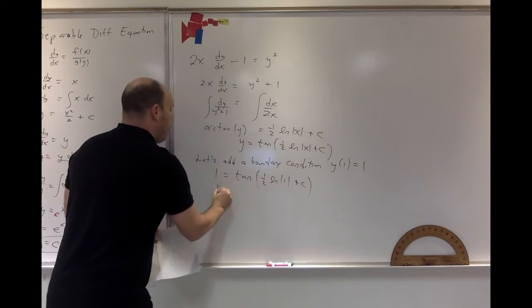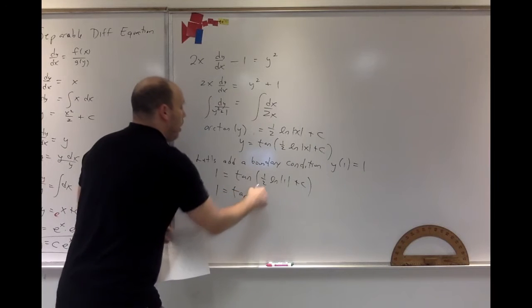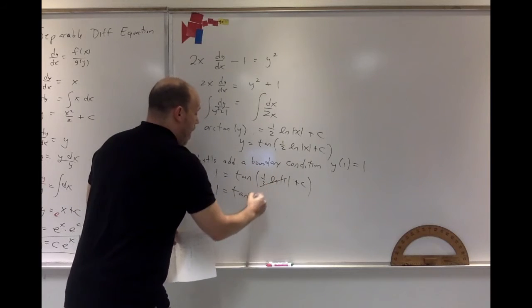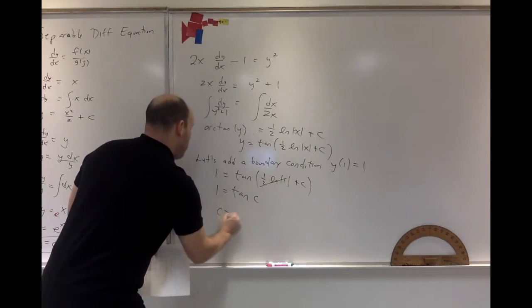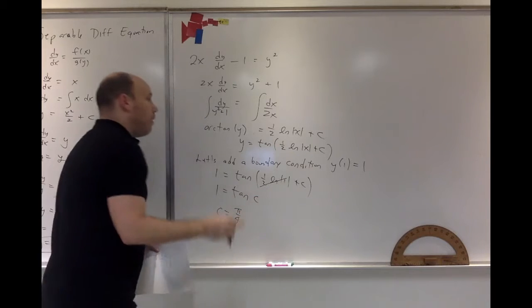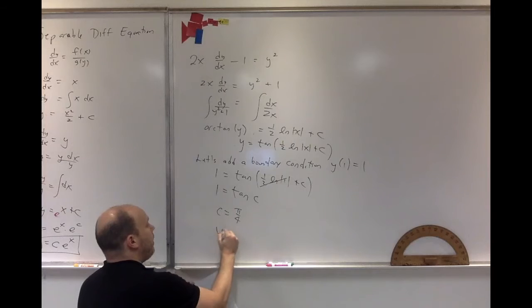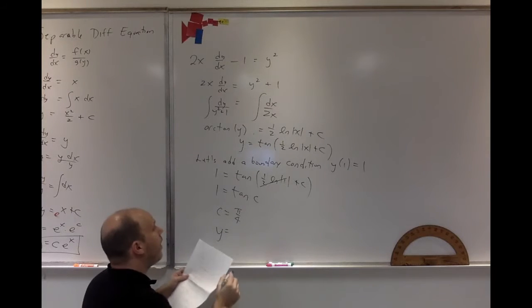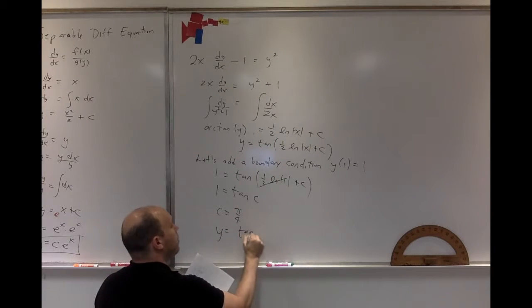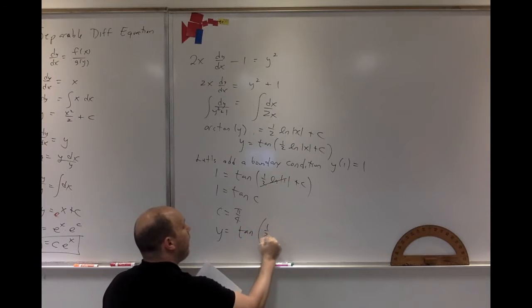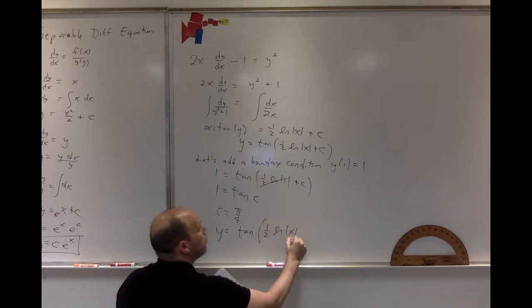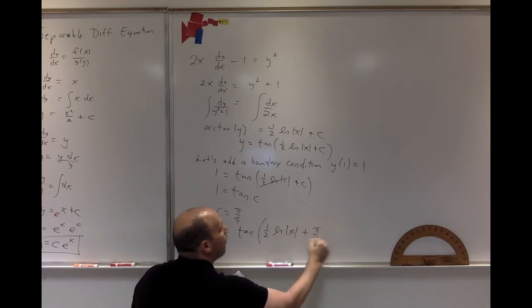The ln of 1 is 0, this goes out, tangent of c equals 1, therefore c is pi over 4. Final answer, y equals the tangent of 1/2 ln of x plus pi over 4.